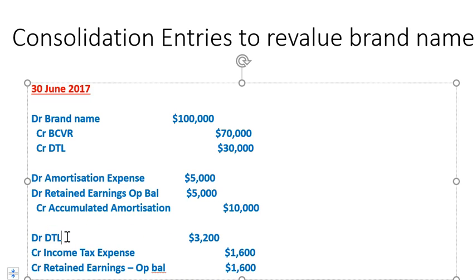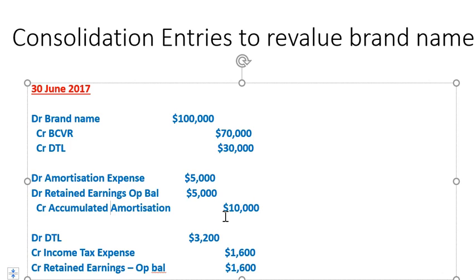And then our deferred tax liability, as I explained in the last slide, because after the 2 years of amortization, the carrying value of the brand name will only be $90,000.